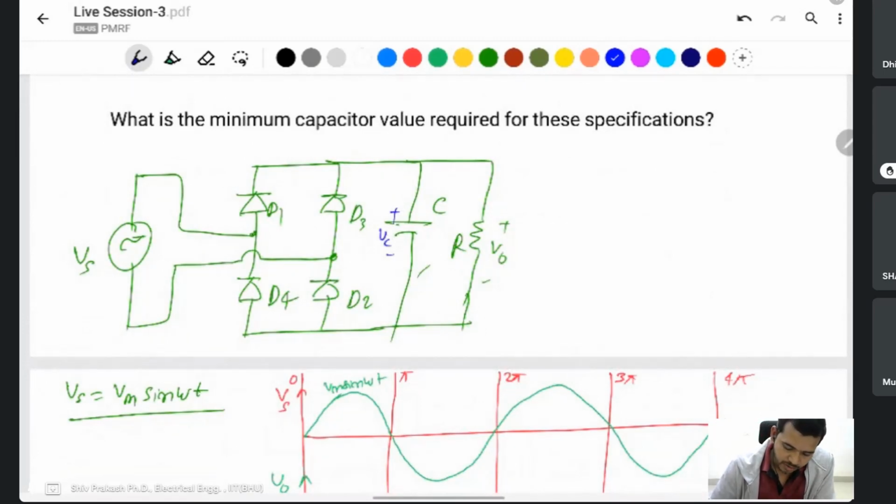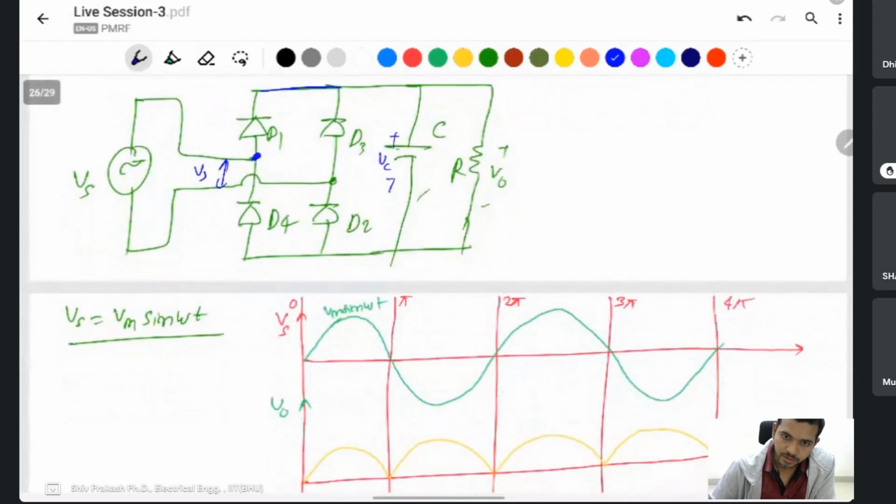When the supply voltage Vs is greater than the capacitor voltage, the diode will be on and the output current flows, this current Is.